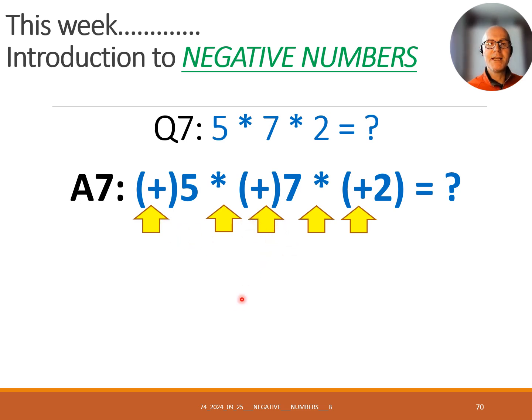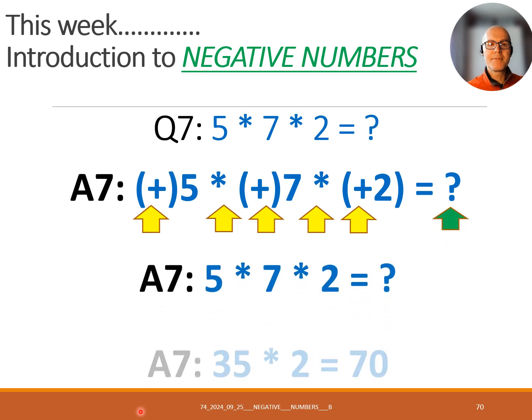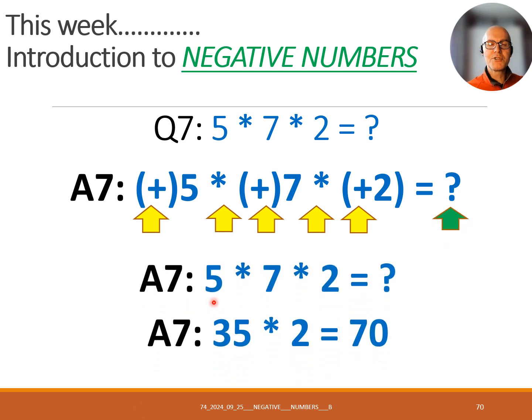Positive times a positive is a positive answer. Positive 5 times positive 7 is positive 35, times positive 2 is positive 70. 35 times 2 equals 70.